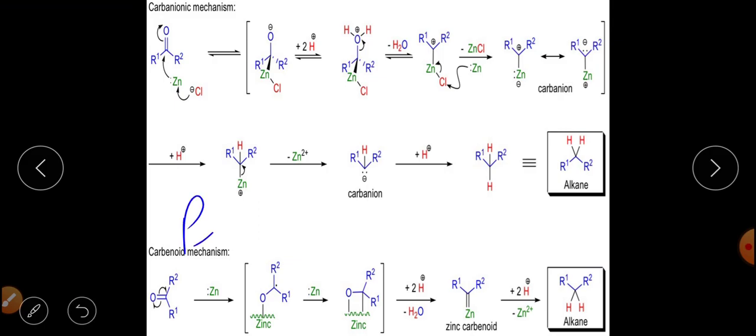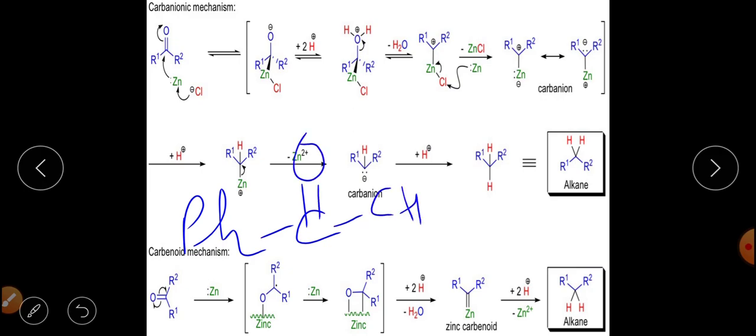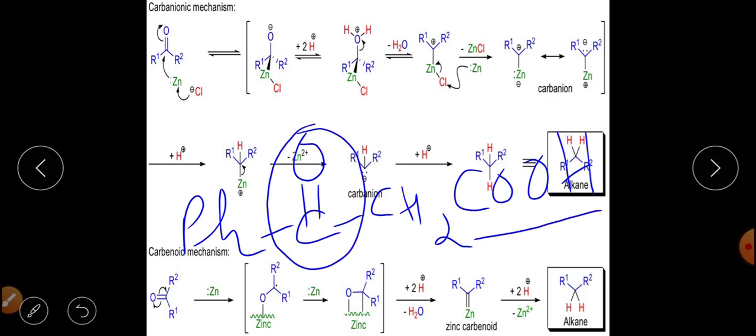Take an example: PhC=O, with CH2COOH. So this is a substrate which contains two functional groups. One is the carboxylic acid and the second one is the ketonic group.